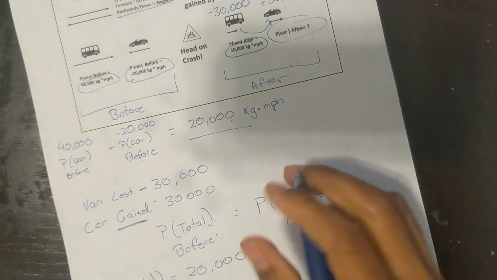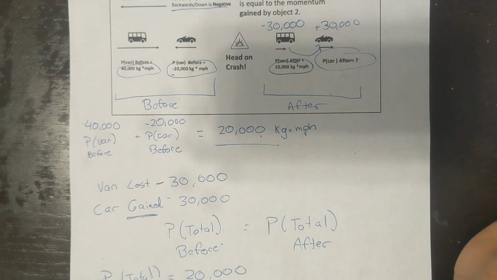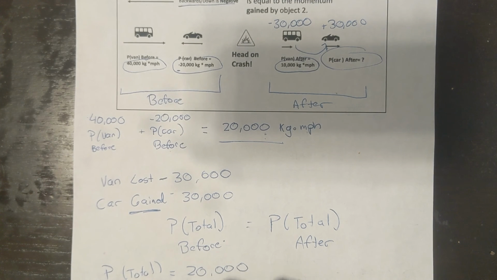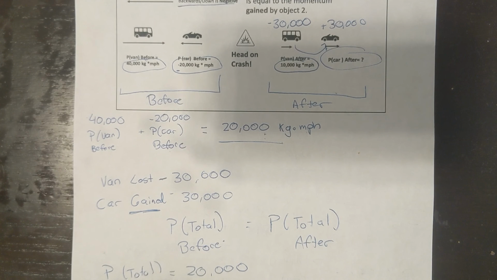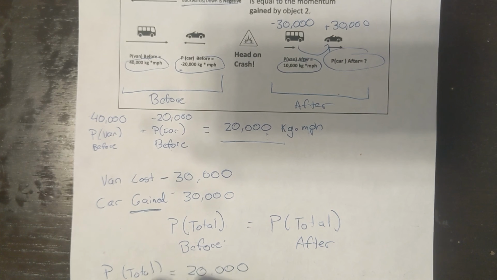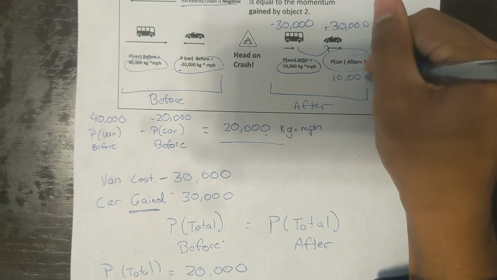So it started off negative 20,000, and we add in the 30,000. Negative 20,000 plus 30,000 gives you 10,000 on your calculator. So the momentum of the car after equals 10,000.